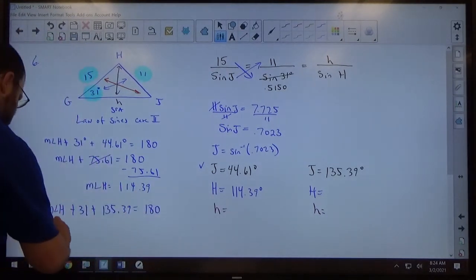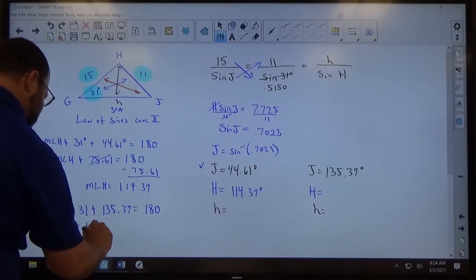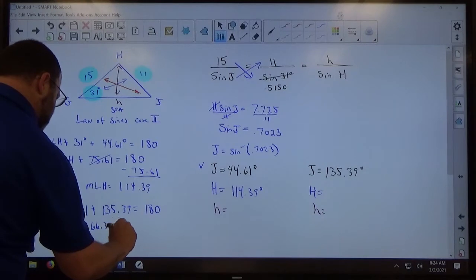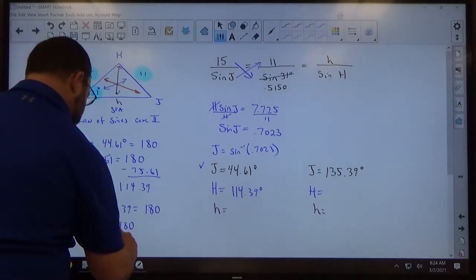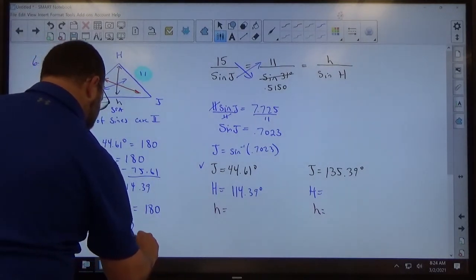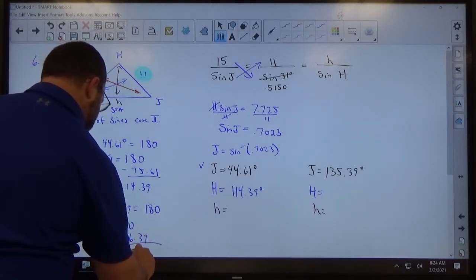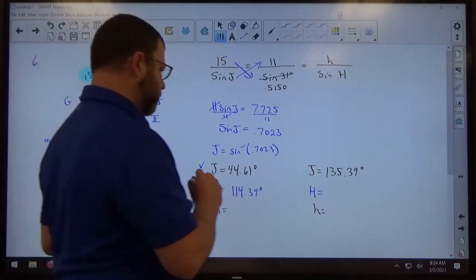So I add those up, the measure of angle H plus 166.39 degrees equals 180. We move it over, minus 166.39. That's going to give me 13.61 degrees.